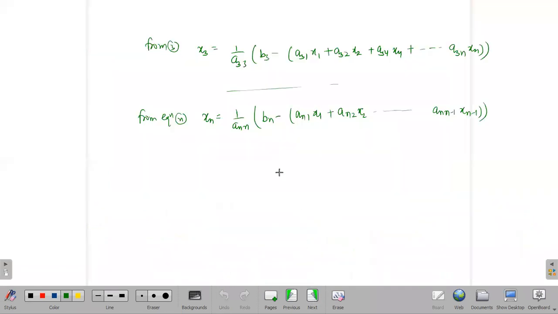Now in x3 1, you use x1 1, the new components, x2 1, then the rest are the previous ones. And here also xn 1. To find xn 1, all the components have already been found, so use the previous one. So this is the difference: here you have to update the values within the iterations.